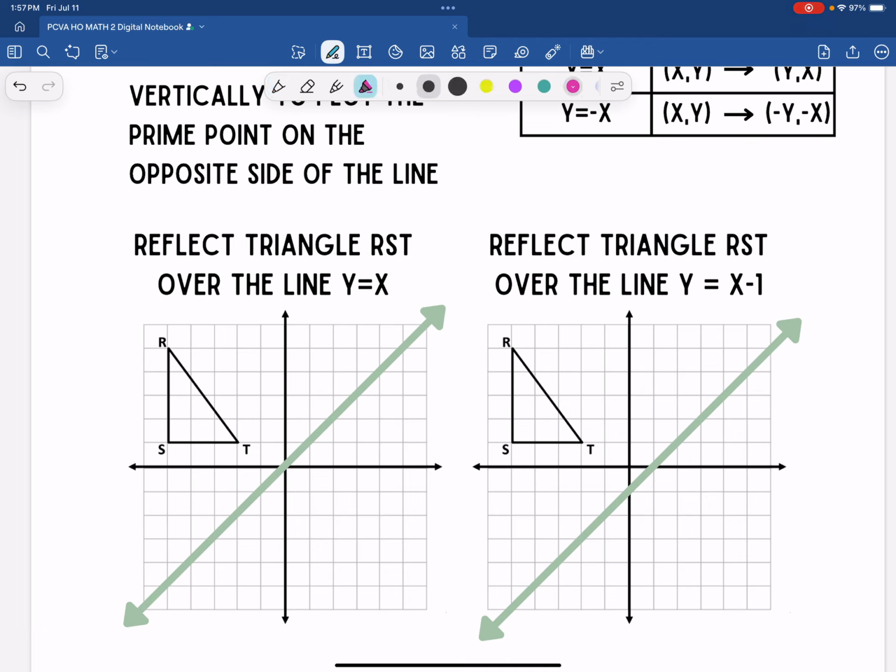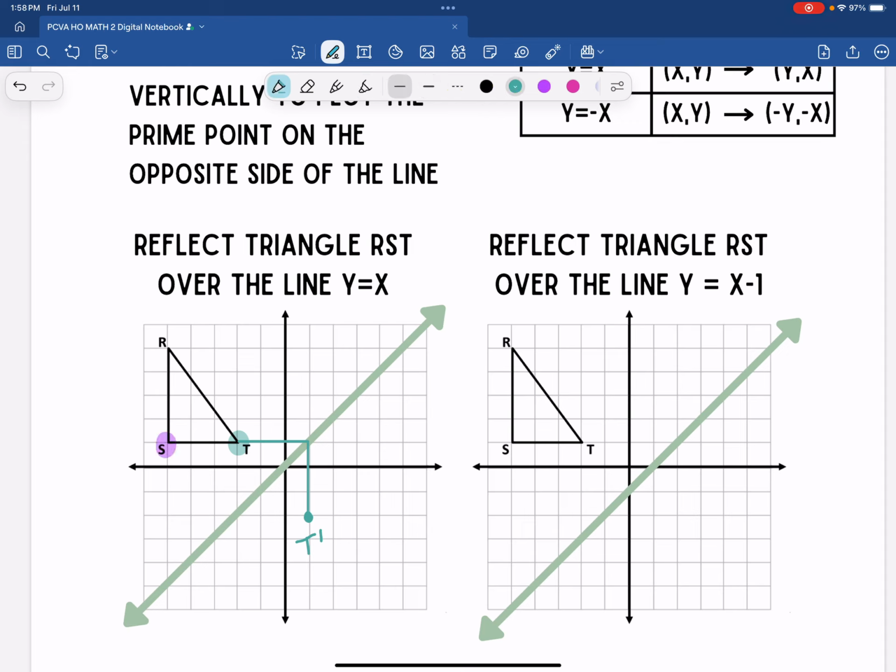So I'm going to start with T. With T, if I go horizontally, that means I'm going to go 3 units to that line. So I'm going to do the opposite of that, and go 3 units vertically from that. So now that's going to be my T prime. Then I'm going to do my S. Again, you don't have to do horizontally both times.